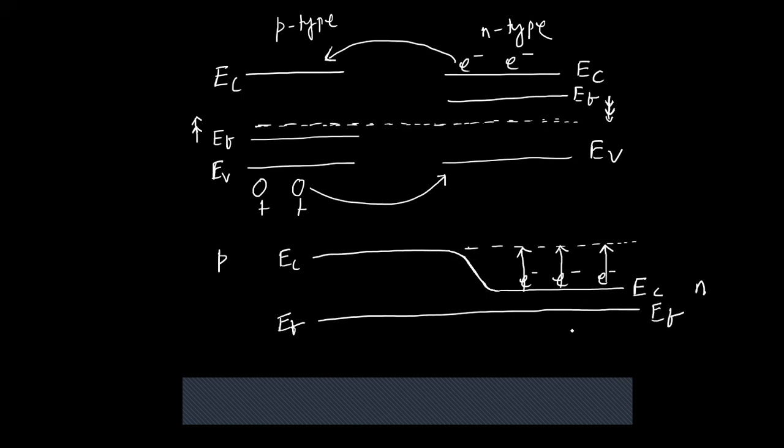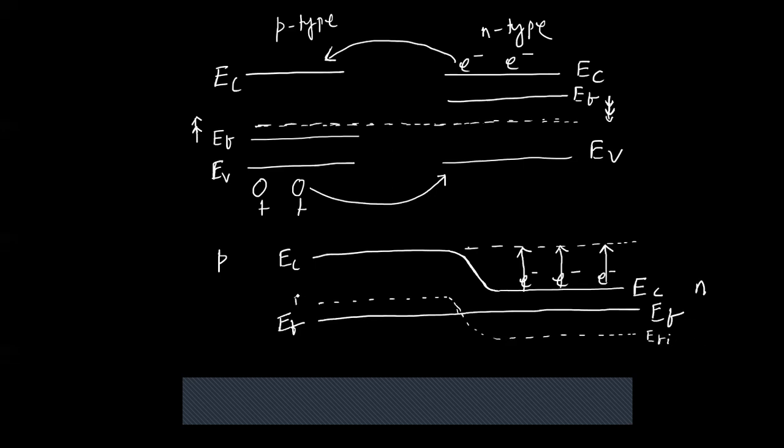If you want to show the intrinsic Fermi energy level, then it has the same amount of bending. Bending here is a measure of what? A measure of the potential barrier that is created. So this dotted one I'm using for the intrinsic Fermi energy level is just for reference.